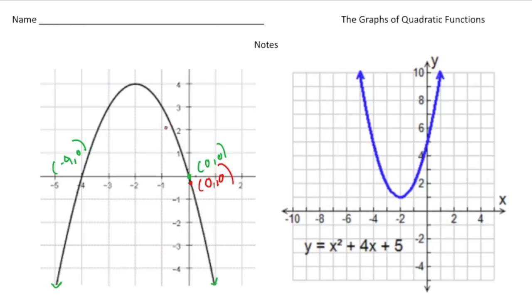Alright, now let's take a look at the vertex. Now the very, very top of the graph, there's a point right here. Okay? Now the first one was called a min, right? Well, this one is called a max, because that is the absolute top of the graph. And that location is -2 and 4.